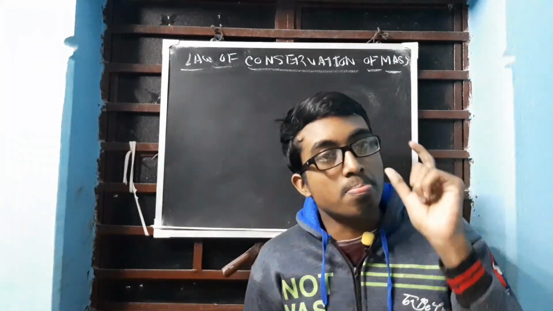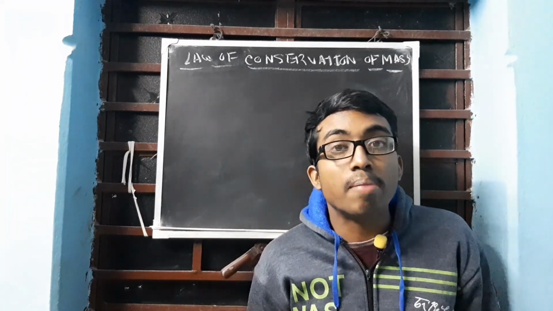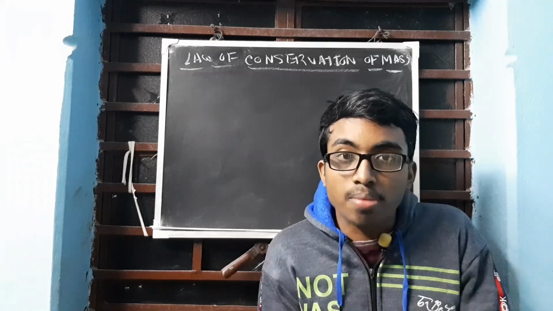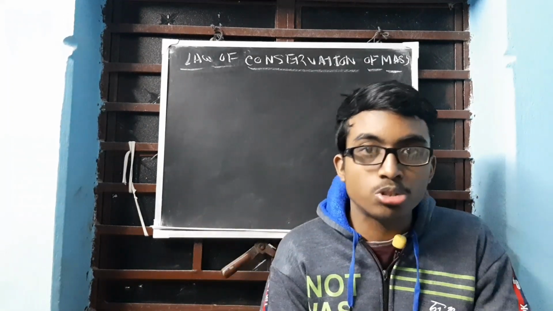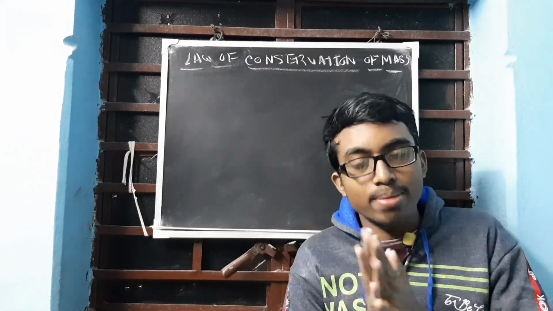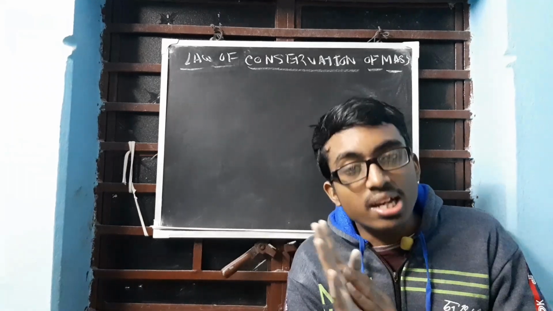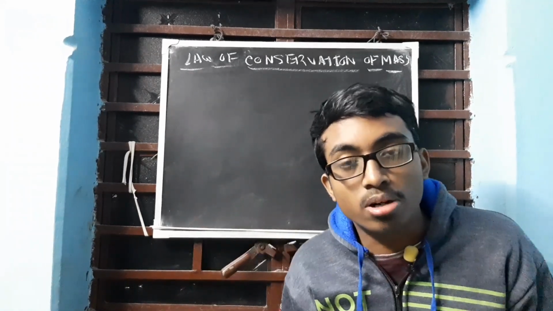I first wrote mass, then I said that a better way of representing mass will be matter, because something that has mass will also occupy some volume. So instead of writing mass, we should mention matter. In this case also the same thing we are going to apply. In a chemical reaction, we will write the word matter instead of mass.